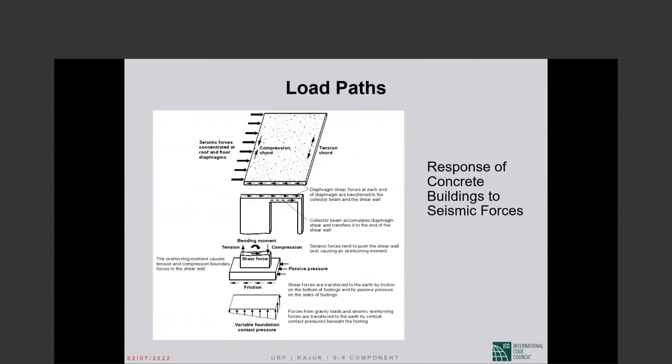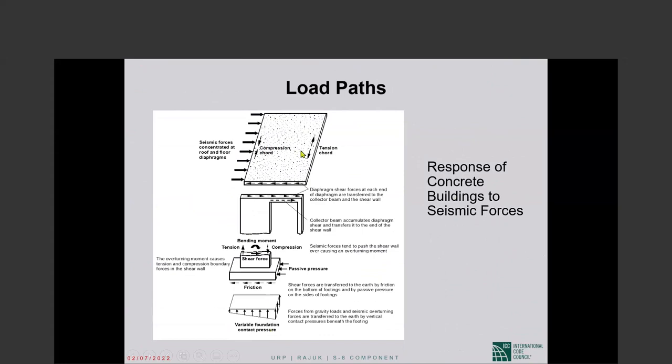And obviously, a structure may have more than one level. So there will be masses at the various floor levels and the roof level. And those would be accelerated in an earthquake, developing inertia forces.